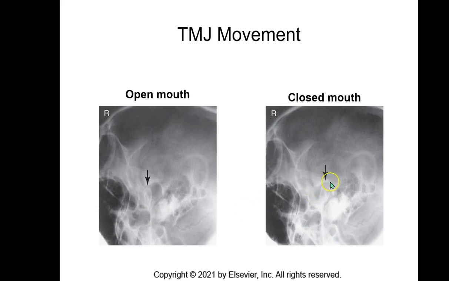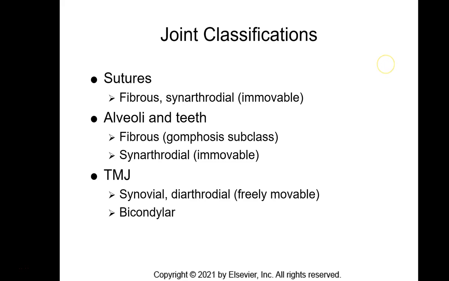So notice the black arrow is pointing to the temporomandibular fossa, and the condyle of the mandible is sitting in its normal position. So again, you always take two projections, one open mouth, one closed mouth, and this is called the Schuler method.